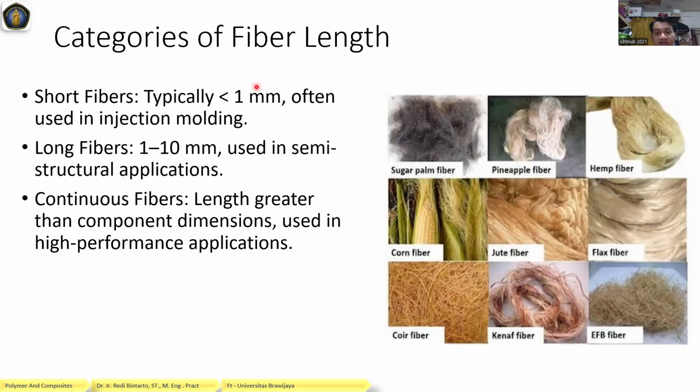The categories of fiber length: short fiber is typically less than 1 millimeter, usually used in injection molding, and long fiber, 1 to 10 millimeters, is used in semi-structural applications.